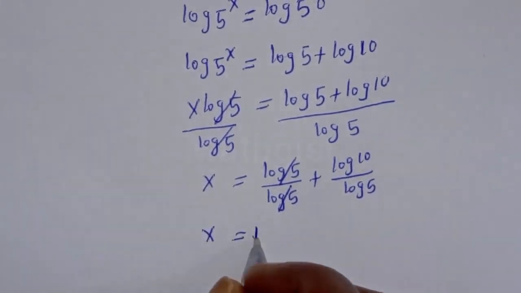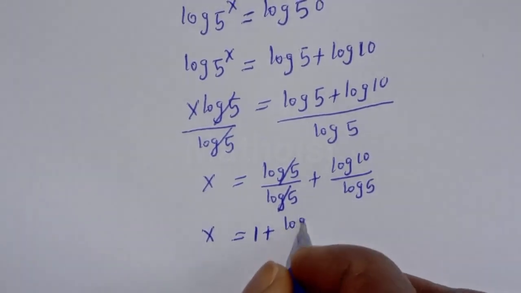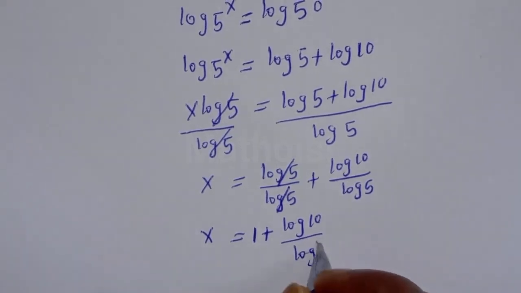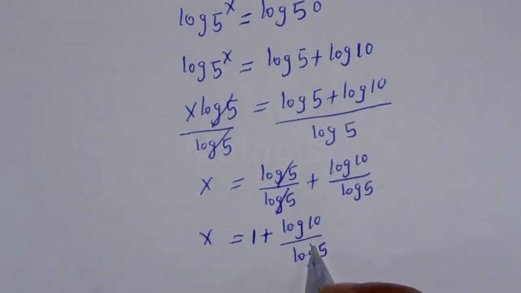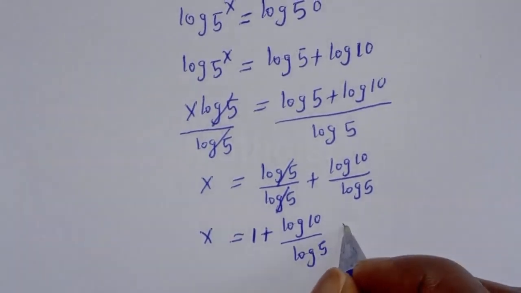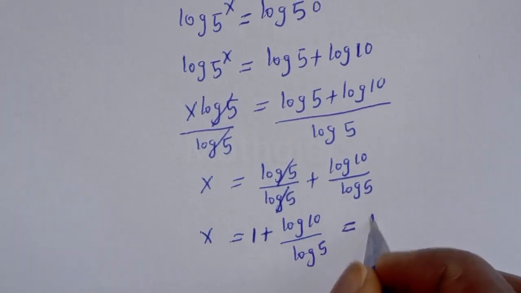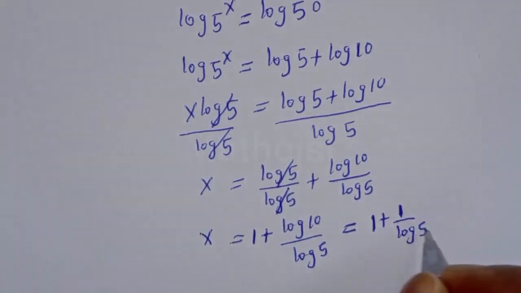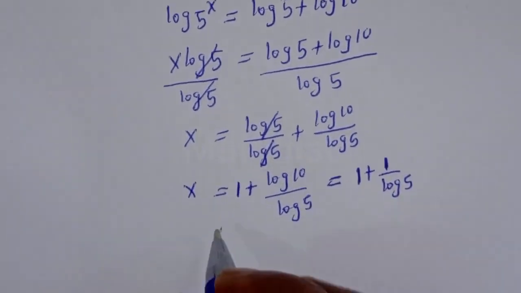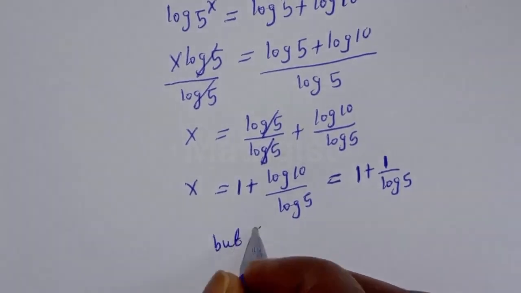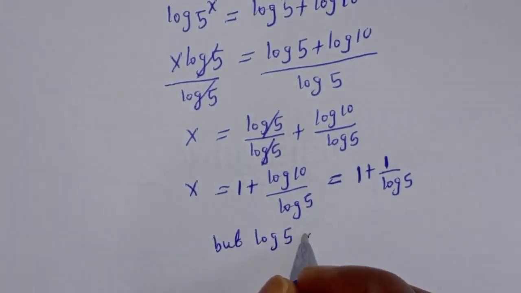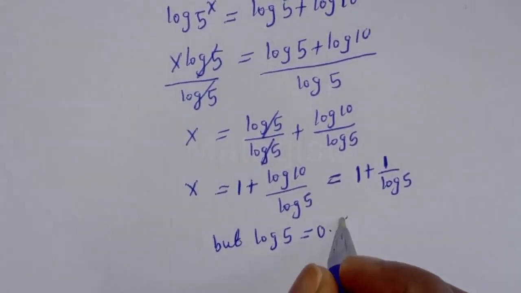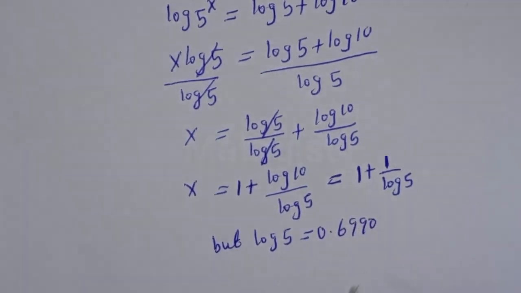S is equal to 1 plus log 10 over log 5. But here the log is in base 10. Therefore, this is equal to 1 plus 1 over log 5. But log 5 is equal to 0.6990.